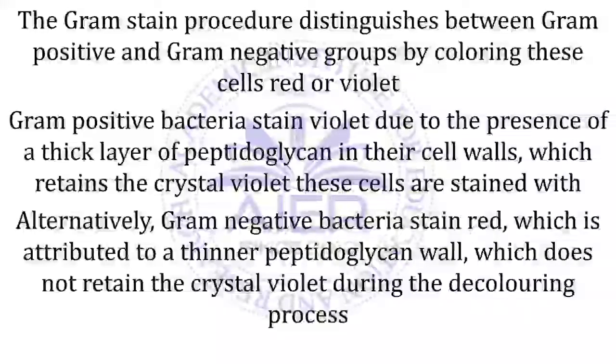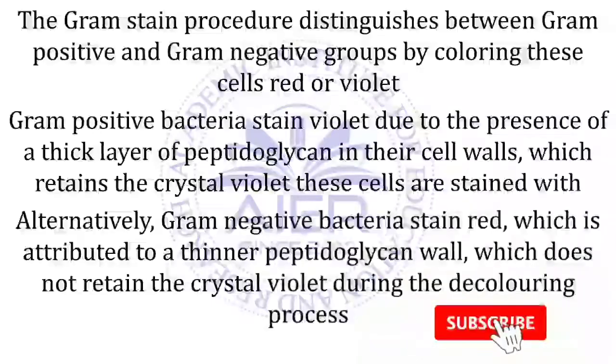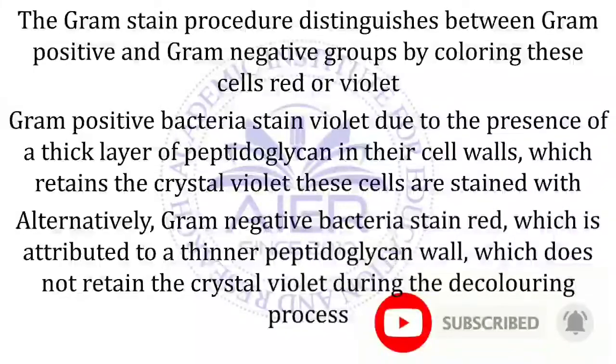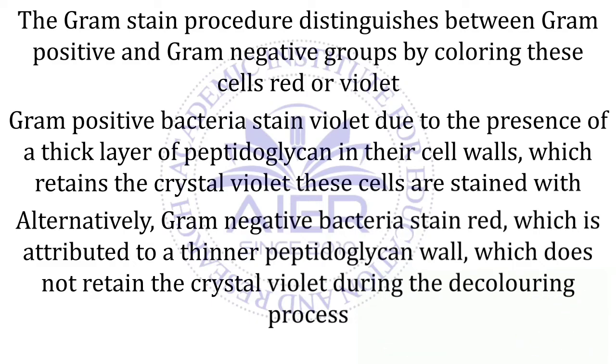As the peptidoglycan wall is thin in gram-negative bacteria, they can't retain the crystal violet, and the crystal violet will be washed out, and in place of that, another color, the counter stain, safranin, will be retained, and because of the safranin, red will be the color of the gram negative bacteria. So basically the thickness of the peptidoglycan layer is the contributing factor for the violet color and the red coloration of the gram positive and gram negative bacteria.